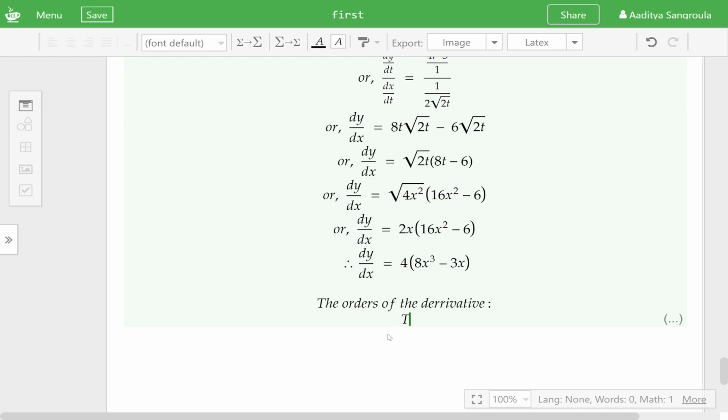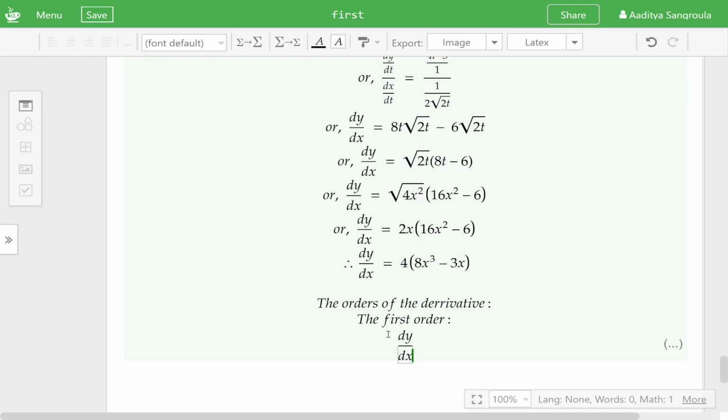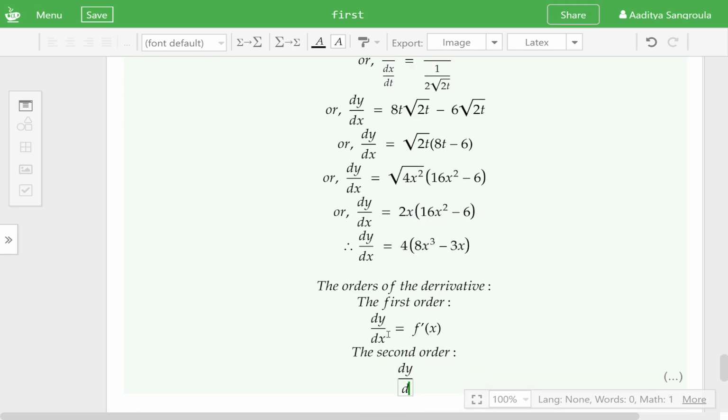The first order is dy over dx, which is f prime of x. The second order is d squared y over dx squared. That's f double prime of x.